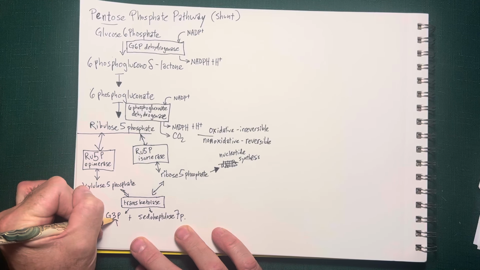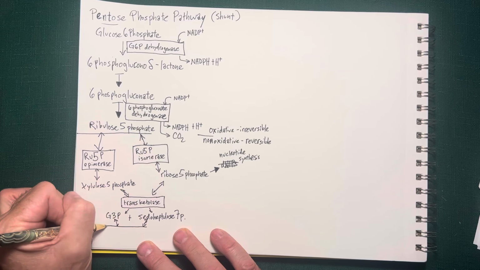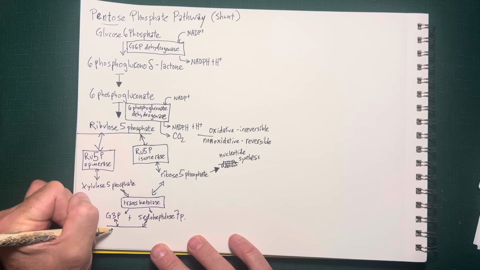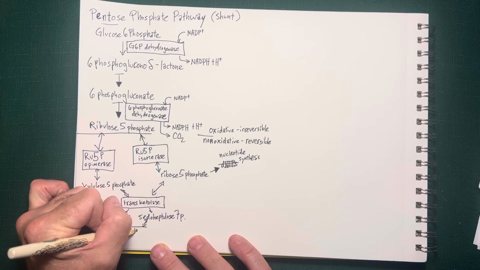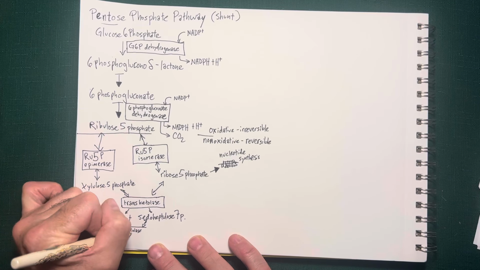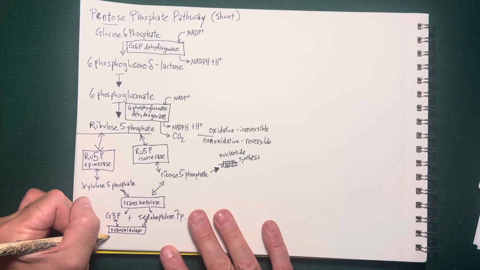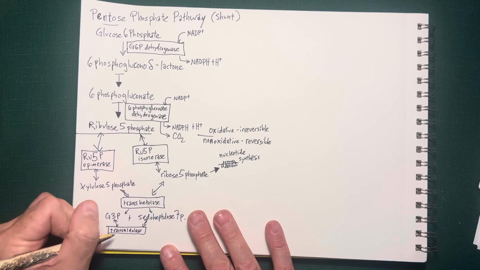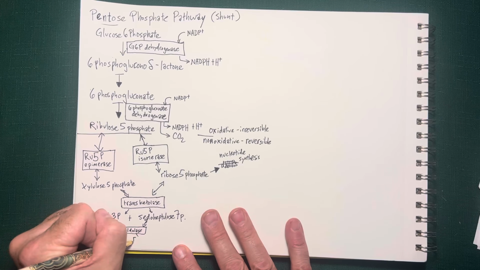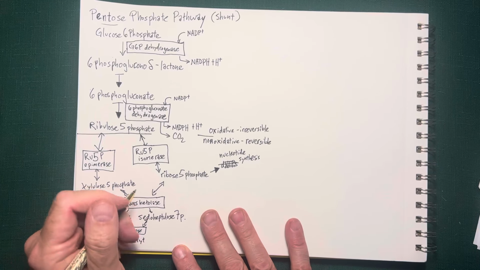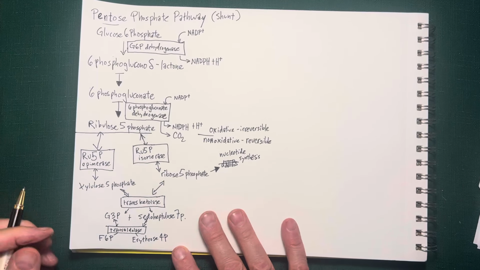And we can take those, run them through another enzyme. So instead of transketolase, now we're going to use transaldolase. And that's going to give us fructose 6-phosphate and erythrose 4-phosphate.